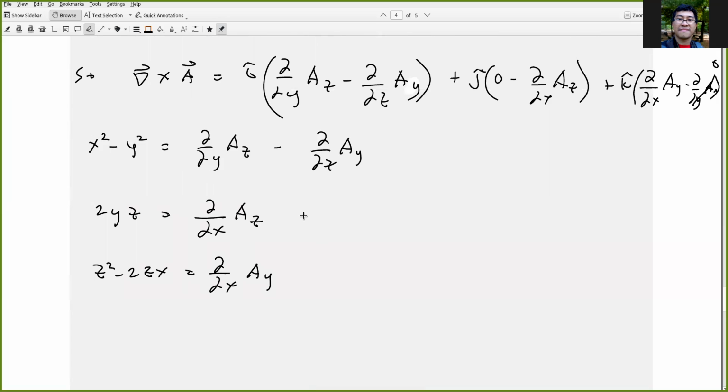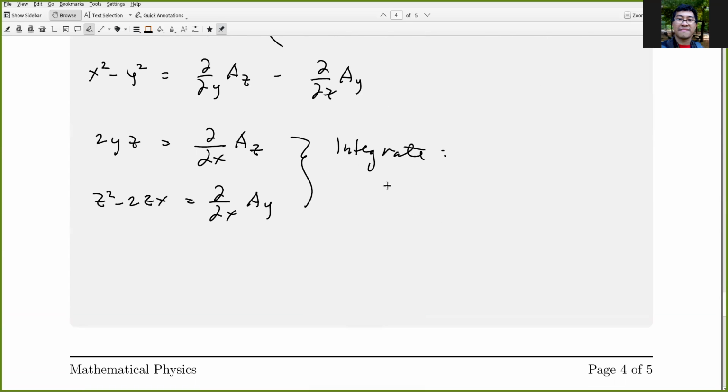We can then integrate. This involves only one partial derivative, so we can integrate. We find AZ equals, integrating with respect to x, the integral dx, so that would be 2yzx plus a function of y and z. Let's call that f1.